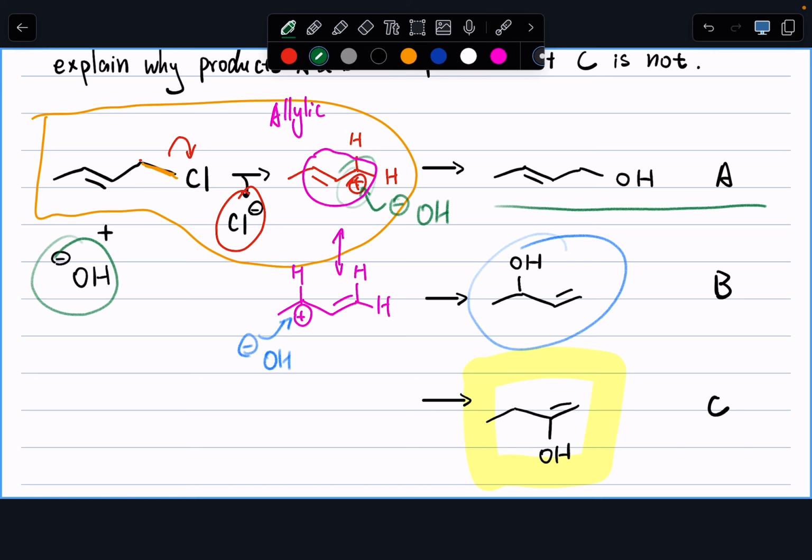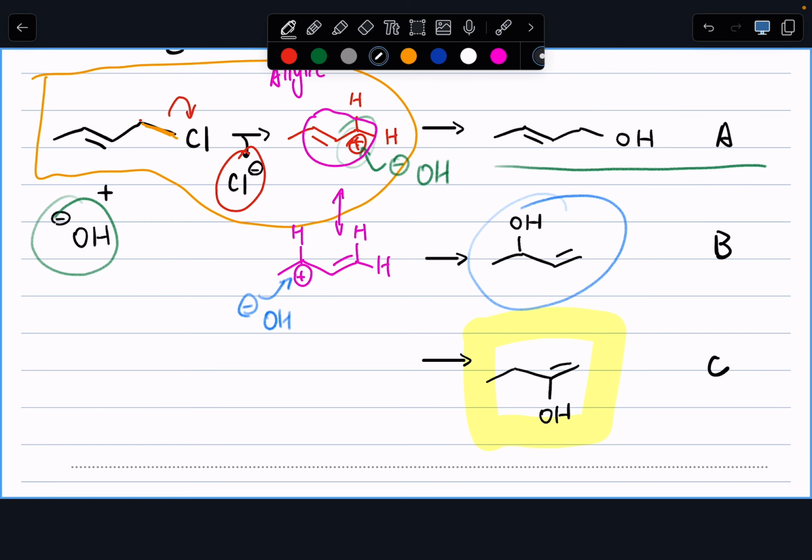So that goes back to the shape of our allylic system. When we draw this allylic system like this, we see that the positive charges are on the terminal carbons of my allylic system.